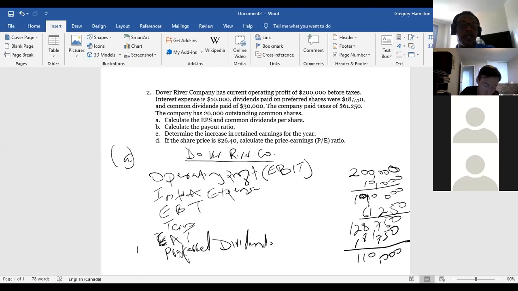So that's our earnings available to common shareholders. So the 110,000 there represents earnings available to common shareholders.